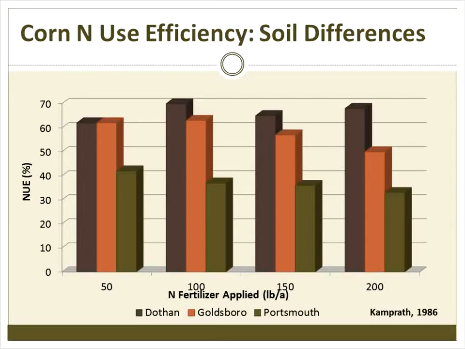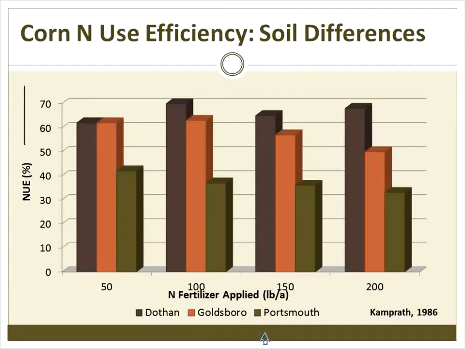So again, we've got nitrogen use efficiency. This time we're looking at 3 different soils. We're looking at a Dothan, a Goldsboro, and a Portsmouth. Now the Dothan and Goldsboro are very similar soils. They're mineral soils on the coastal plain. The Portsmouth, however, is a mineral organic on the coastal plain.